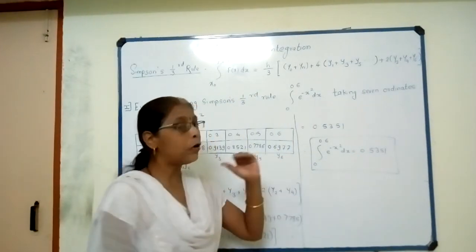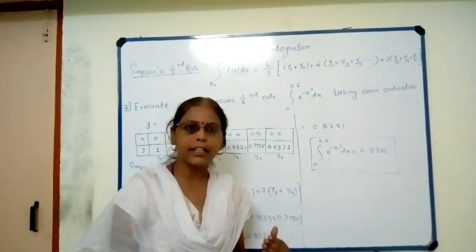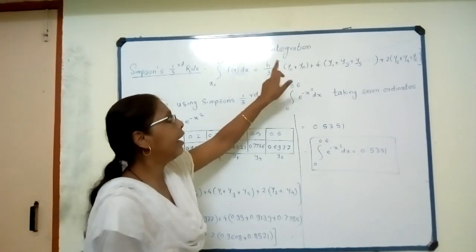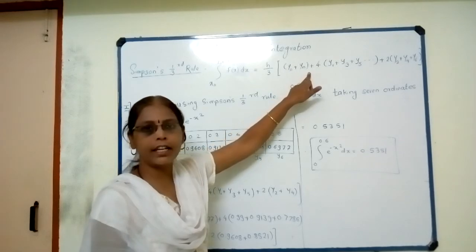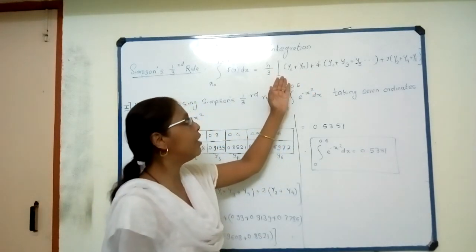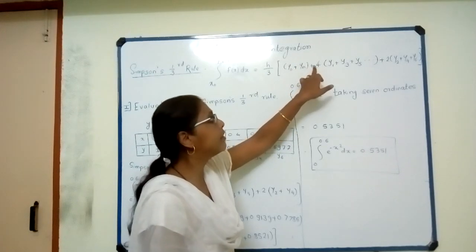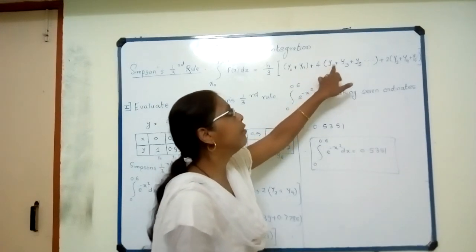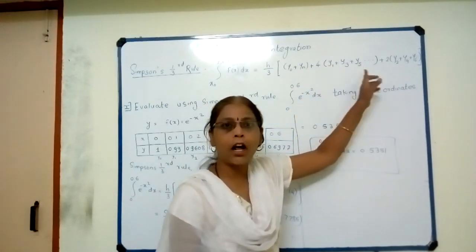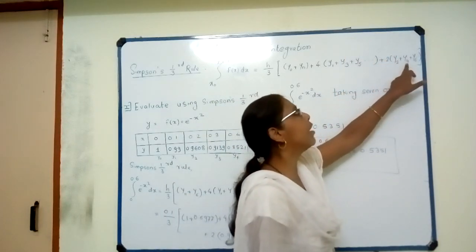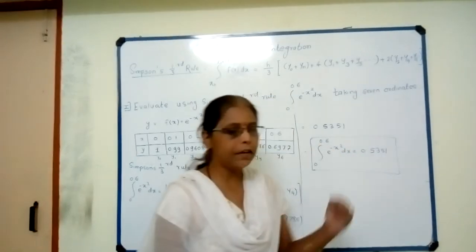So you have to remember this formula: h by 3 into bracket y0 plus yn, means first value plus last value, plus 4 times y1, y3, y5, these are odd values, plus 2 times y2, y4, y6, these are even values.